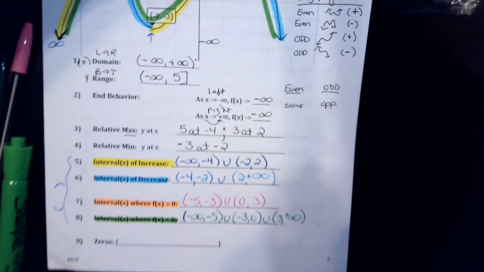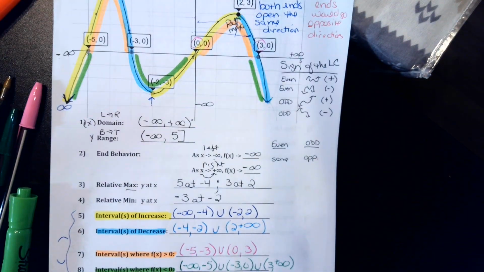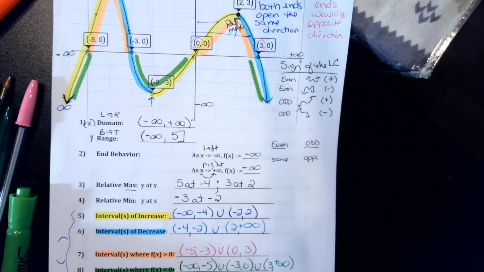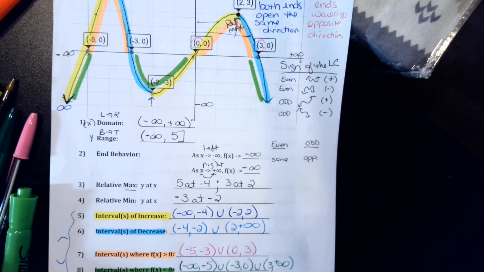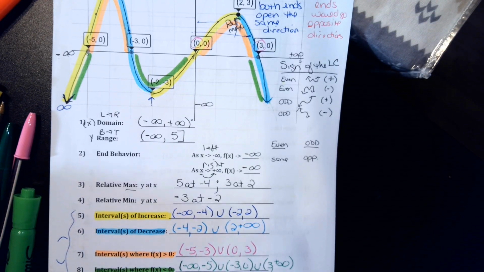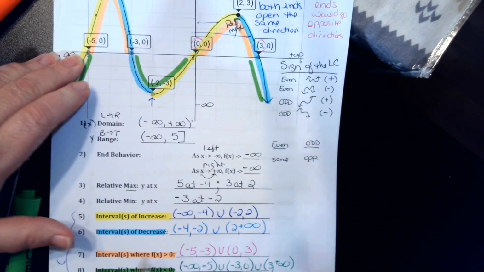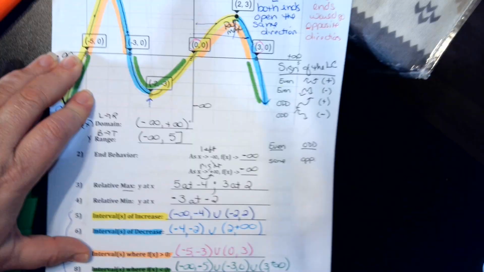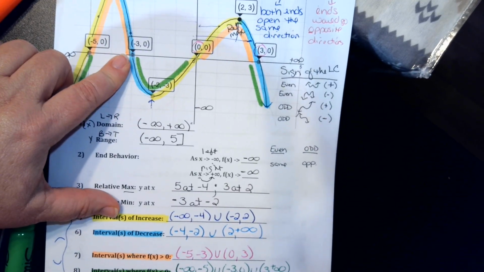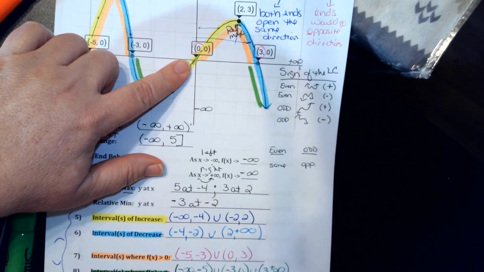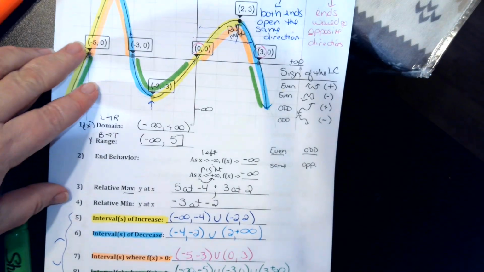And then finally, our last thing that we're going to write down are our x-intercepts. So where are our x-intercepts? Okay. Left to right, our first x-intercept is a -5. Then we've got a -3. Then we've got a 0. Then we've got a 3.